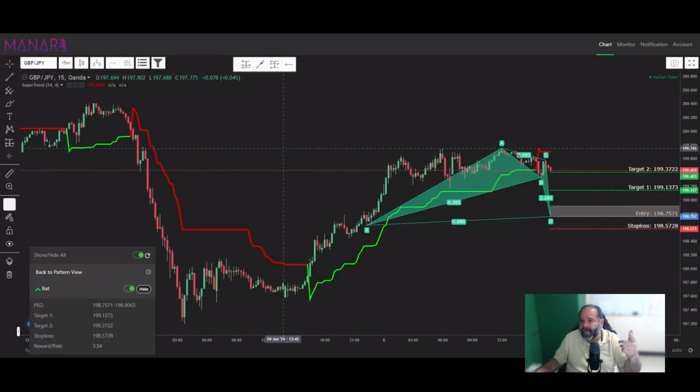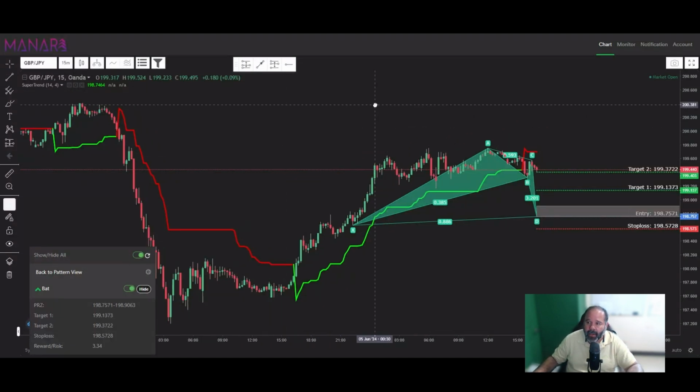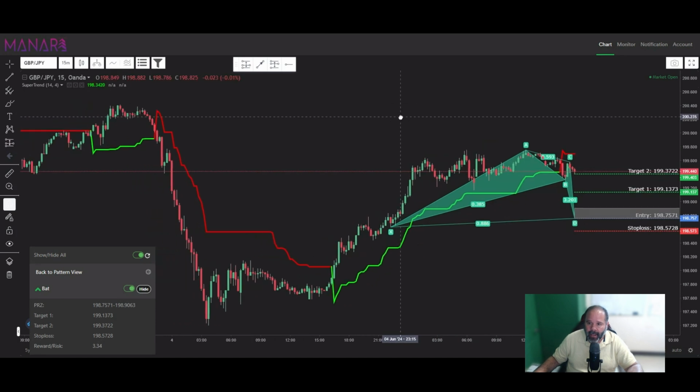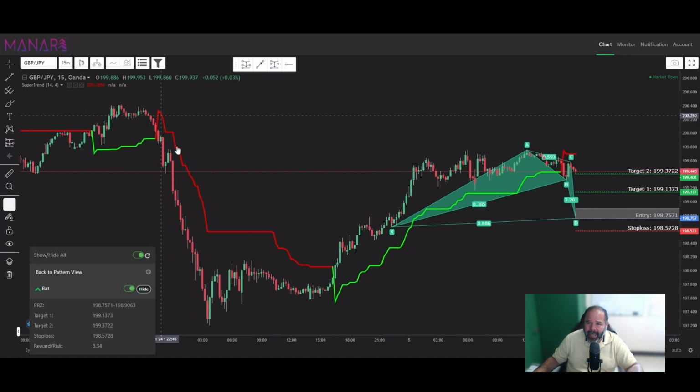Next time when you come back to Manara, the setup is going to be there. You don't need to do it again. So I like this indicator for its simplicity. As you can see, when the indicator is red, the probability that the market price goes down is higher.